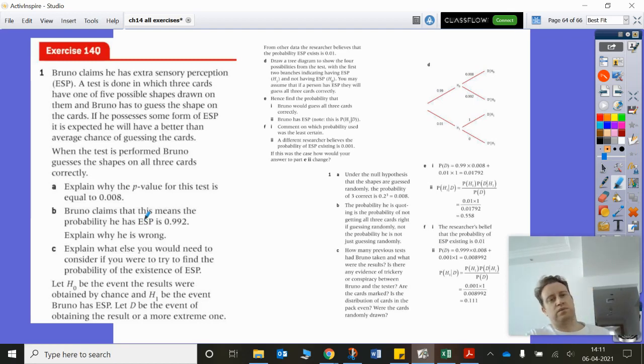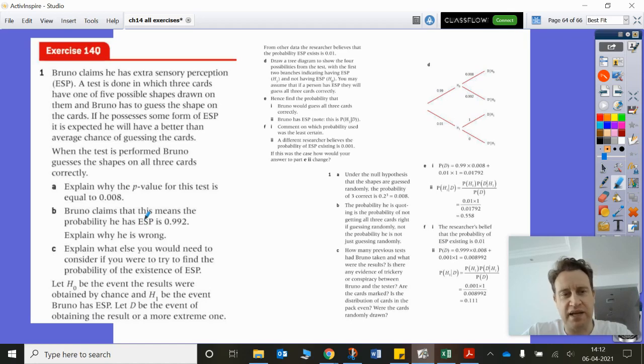So it's really important to know what the prevalence of ESP is in the population as a whole, because if it doesn't exist at all, then he doesn't have it. If there is no chance of having an ESP, then there's no chance he has it. That's just random. He randomly got them right, okay, which is what we expect, to be honest.